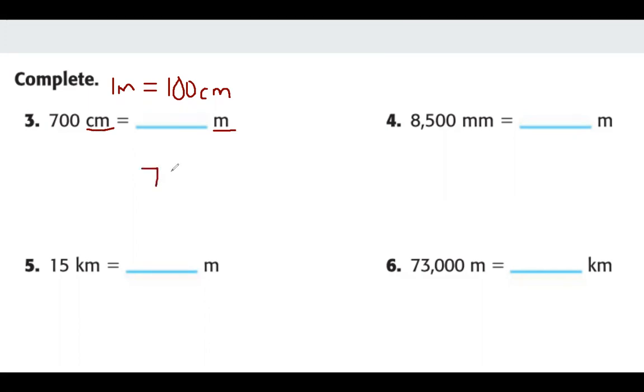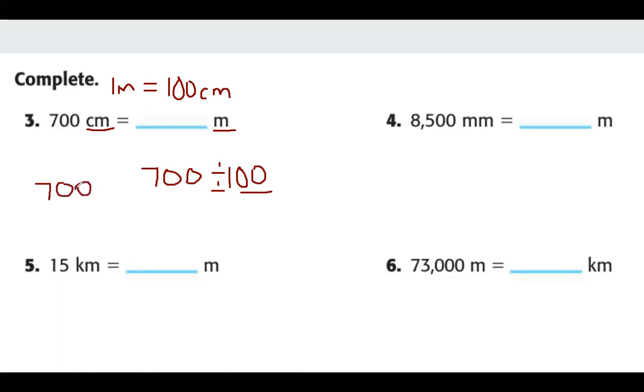So I'm going to divide my 700 divided by the 100. Okay, just like we were practicing before with our powers of 10, I'm dividing, which means I'm going to make my number smaller by 2 places because of the 100. So we ran into this problem with our examples.